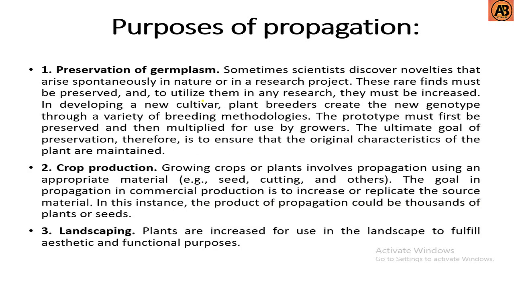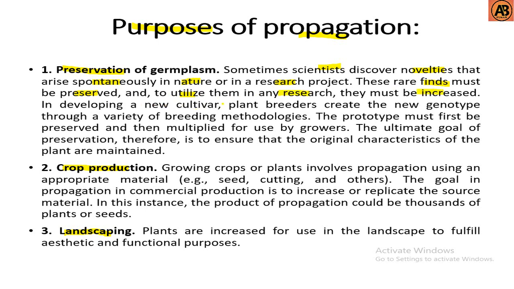Now, here are the purposes of propagation. There are mainly three purposes of propagation. First one is preservation, second crop production, and third one is landscaping. So preservation of germplasm. Sometimes scientists discover novelties that arise spontaneously in nature or in research projects. These rare finds must be preserved, and to utilize them in any research, they must be increased.